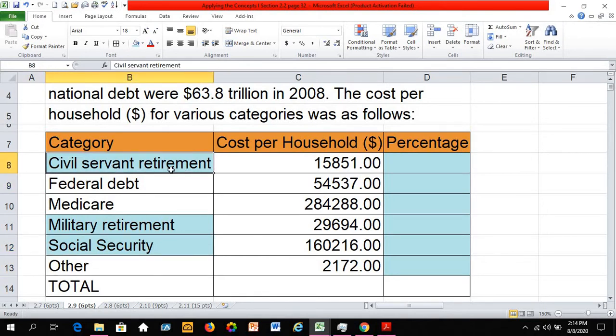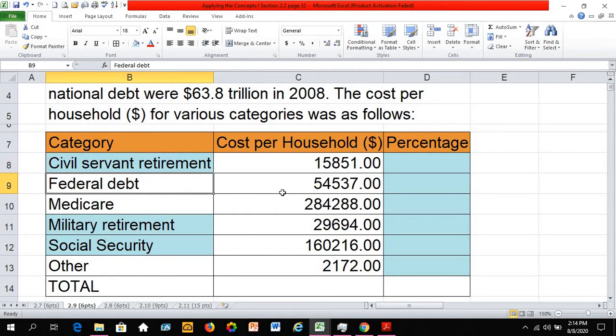Notice that the categories filled with the color blue all pertain to retirement. Civil servant retirement is more than 15,000 US dollars.